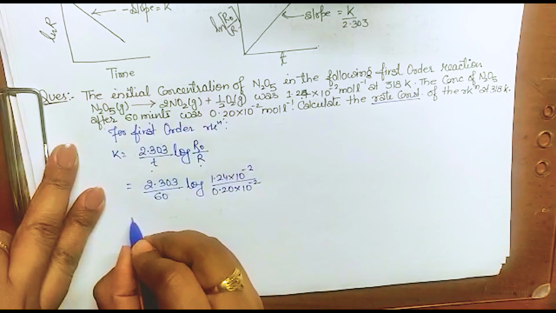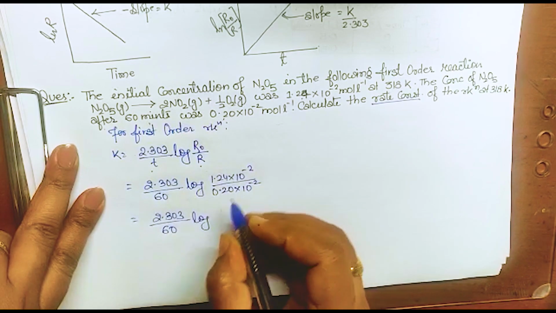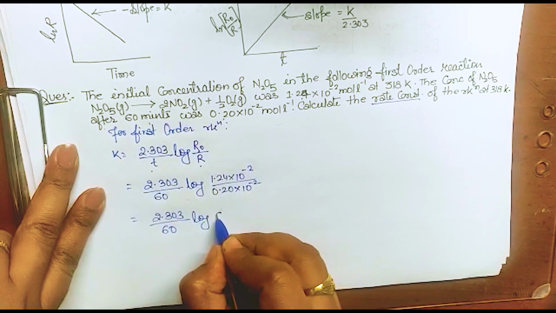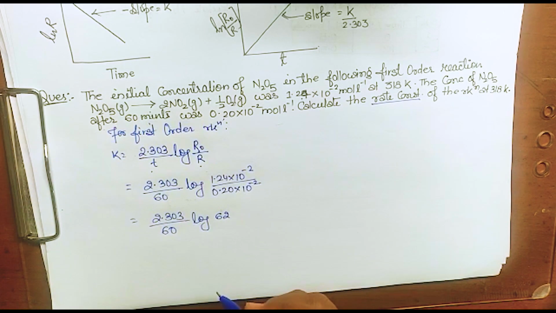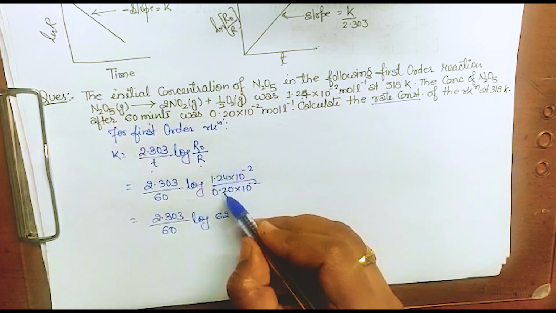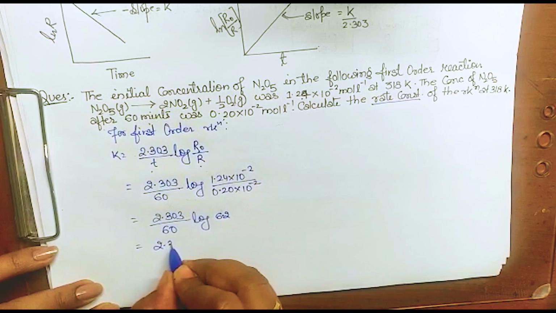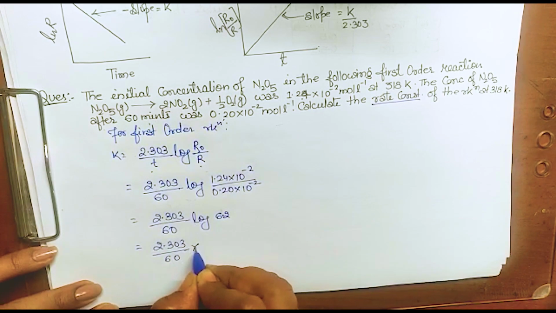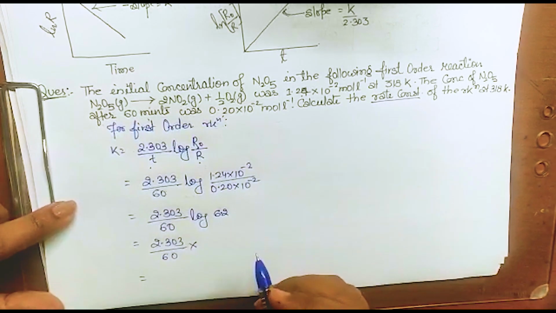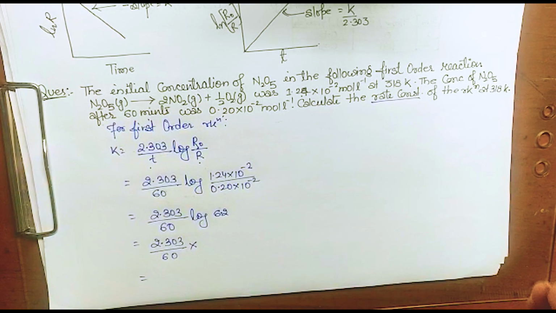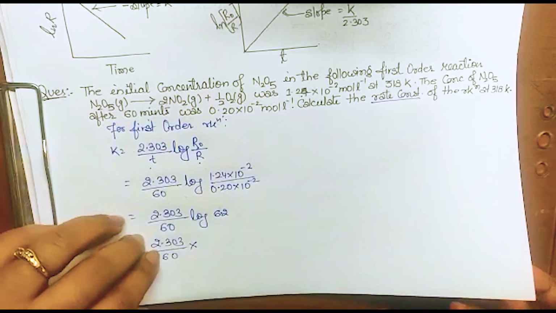So this will be 2.303 upon 60, and log of 6.2. Take the value of log 6.2 and just put the value and calculate it. So log 6.2 we have to check. I have not memorized this, so I will put the value afterwards. Now the next question.